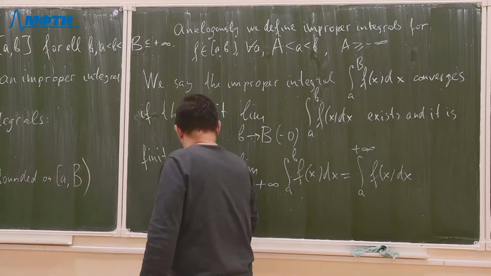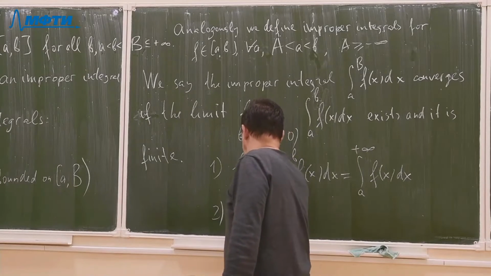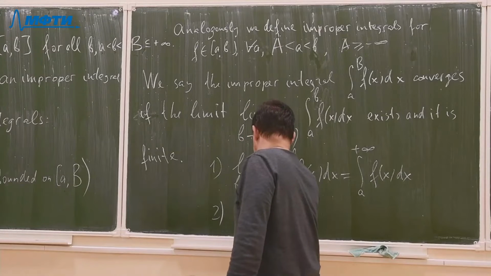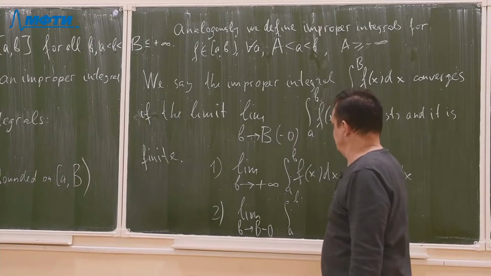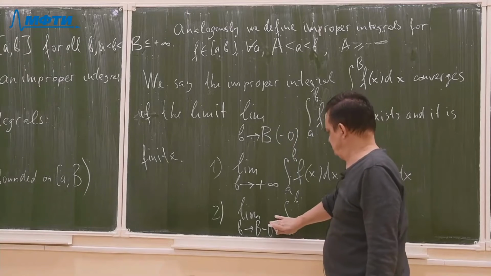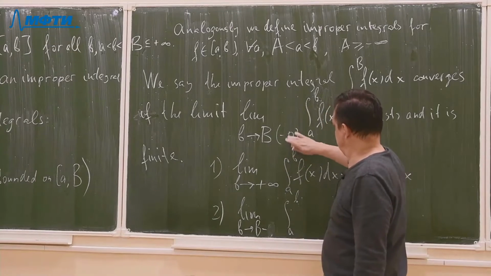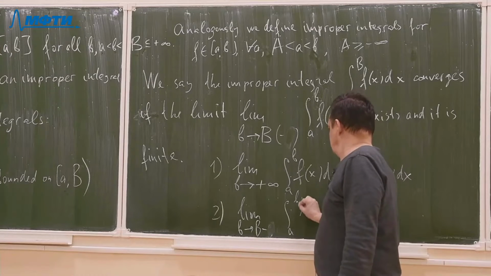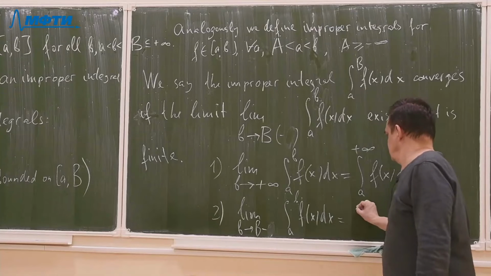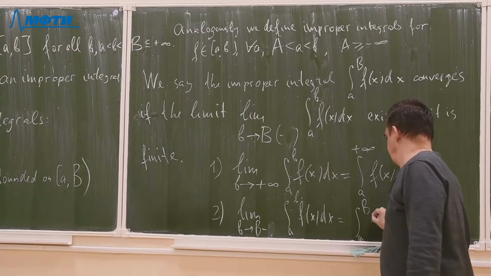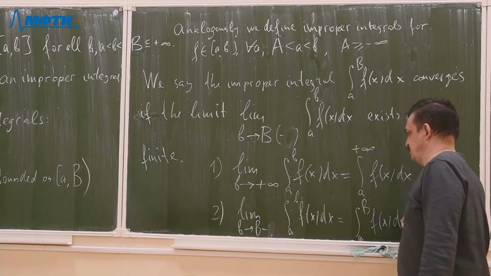For the second type, we have limit as b tends to B minus naught, integral from a to b of f of x dx, that is integral from a to capital B, f of x dx.